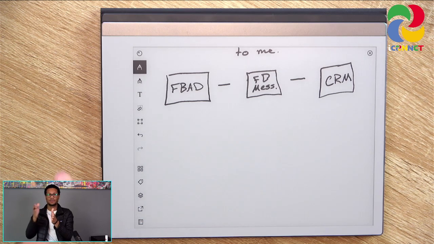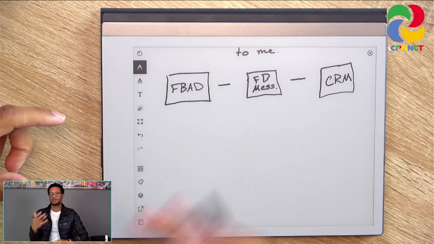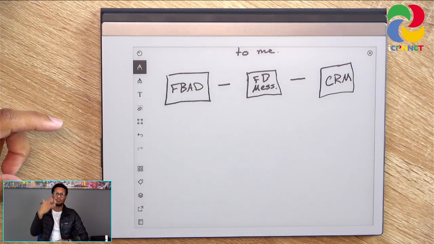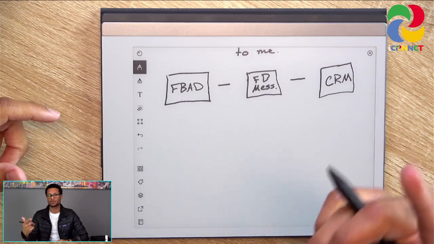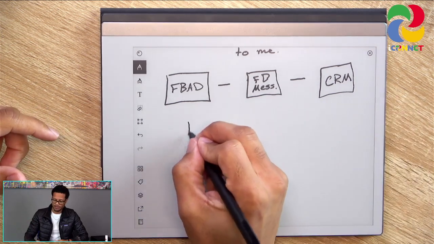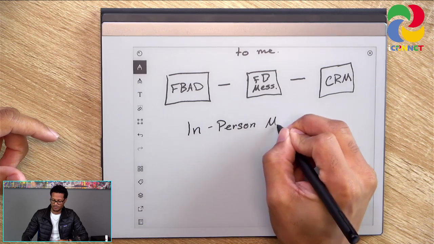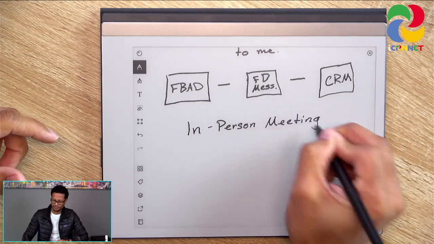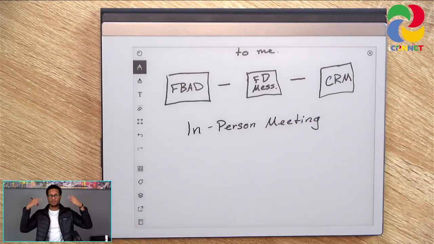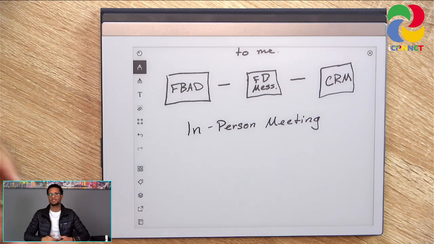Now they're within our CRM, and what I have to do is schedule a meeting with this individual, or let's say the bot scheduled a meeting with them, and now the next step is an actual in-person meeting. Again, my thought process goes through the same steps. All right, cool. What do I need for this in-person meeting?